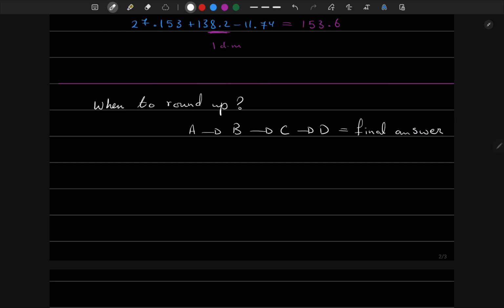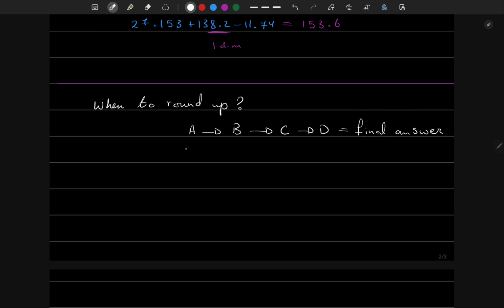Here, you should not round up your numbers on each calculation, because when you're rounding up so many times, you're going to get a final answer that is not very accurate.